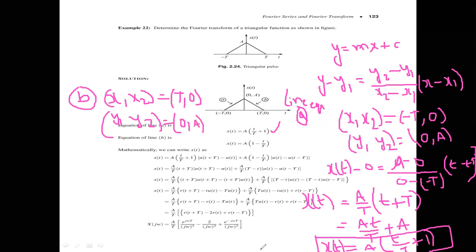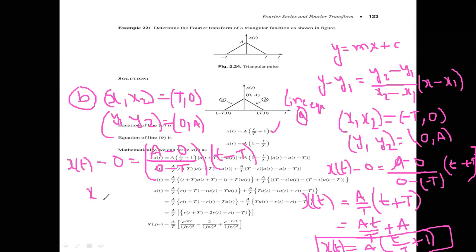Now the straight line equation is the same, y minus y1. So y is x of t, y1 is 0, equal to y2 minus y1, y2 is a, y1 is 0, x2 is 0 minus x1, which is plus T now, whole multiplied with x minus x1. What is the x here? The t. T minus x1. What is x1? The T.